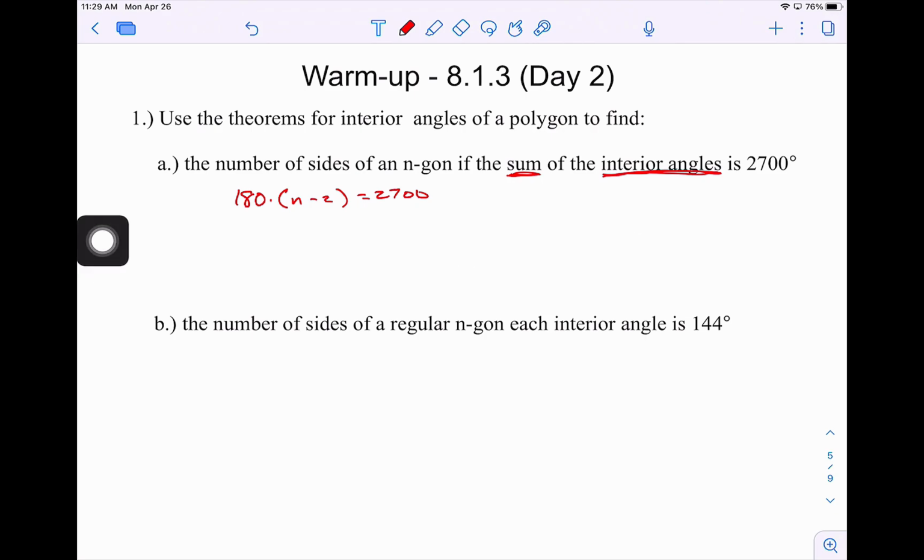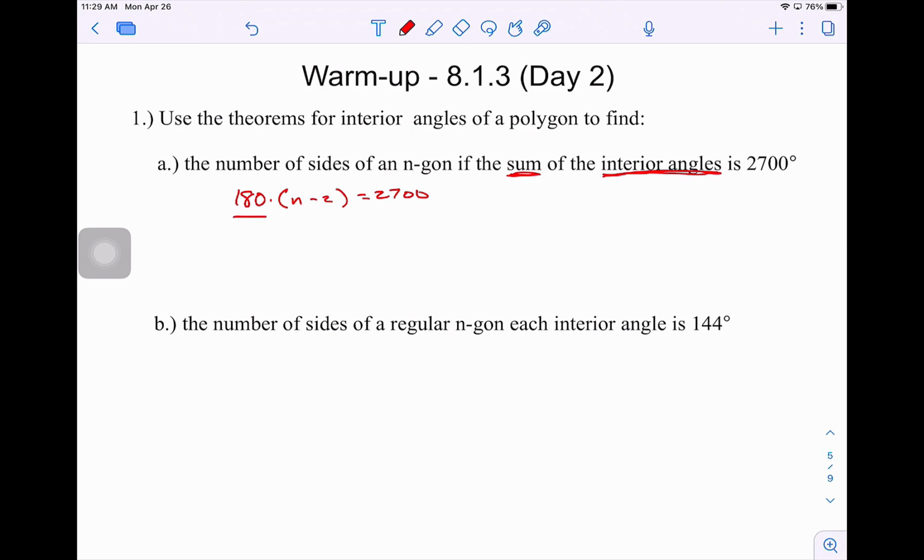You could go through and say, let's take this 180 and distribute that into the parentheses, and then solve from there. Perfectly fine, you'll get the right answer. The other option is, because you're taking 180 times this quantity, n minus 2, you could go through and divide that 180 out right away and just get rid of it. So you don't have to distribute. Both ways will get you to the exact same answer, so it's not like there's one right way and one wrong way. It's just multiple options, okay?